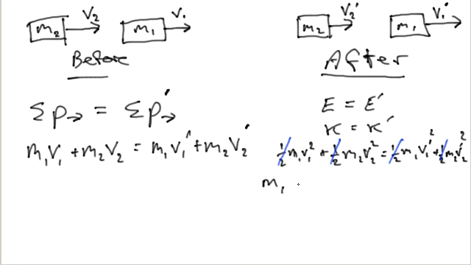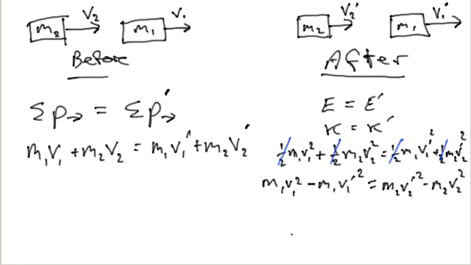So I'll have m1 v1 squared minus m1 v1 prime squared equals, so I subtracted this from both sides, and then I'll subtract this from both sides, so I'll have m2 v2 prime squared minus m2 v2 squared on the right.